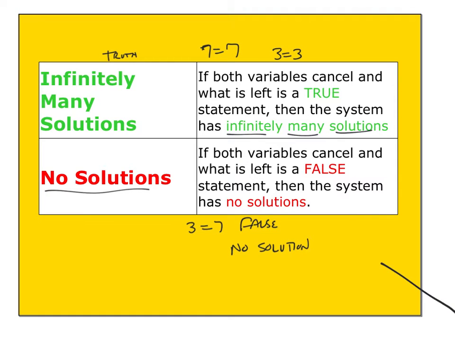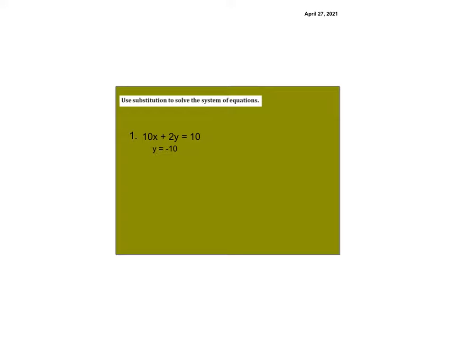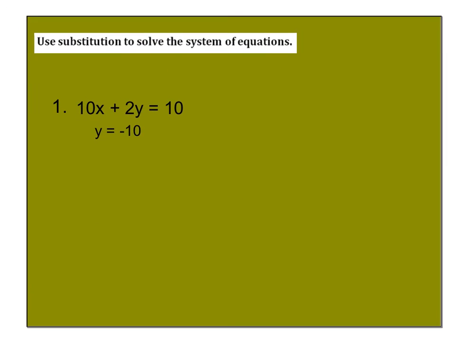Substitution is one of them, so we'll talk about substitution first. Here's a system of equations that we want to revisit: 10x plus 2y equals 10, y equals negative 10. If I'm using substitution, I want a variable by itself, and I have one right here. So y equals negative 10.